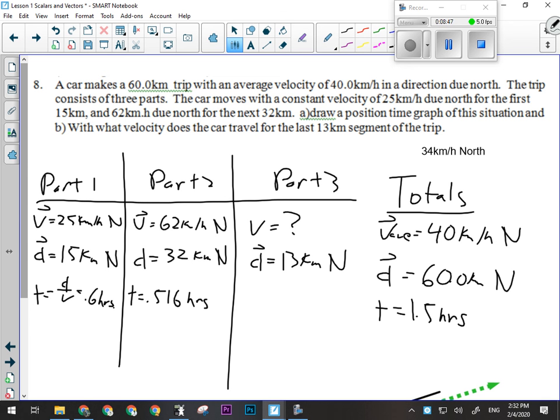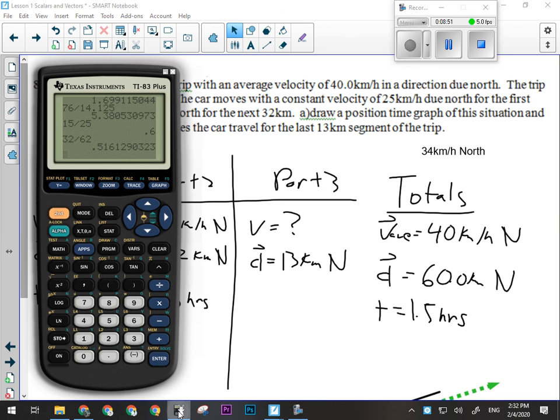So I'm just going to add these two together and then subtract that from the total, and that will tell me the time for part 3. So 1.5 minus the answer from part 2 minus 0.6. Okay, so the last part of the trip takes 0.384 hours.